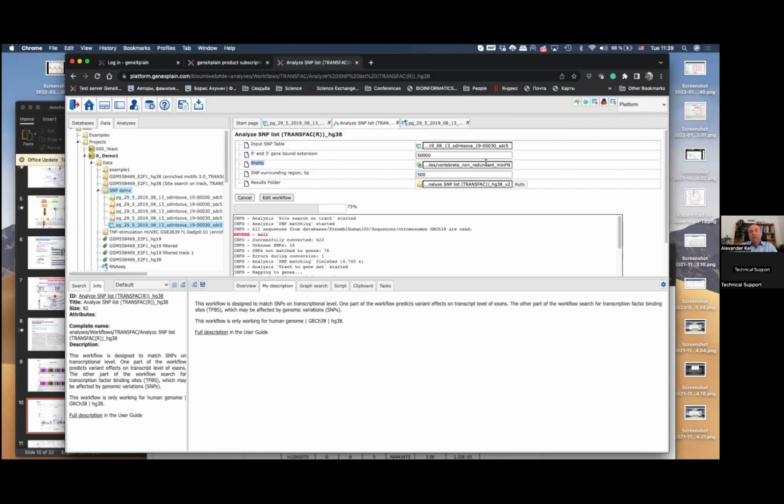As you may know, TRANSFAC contains more than 7,000 positional weight matrices for vertebrates genome, but this non-redundant set contains only several hundred, so just one matrix for a group of matrices. This is just to illustrate it, so the analysis itself runs very quickly.